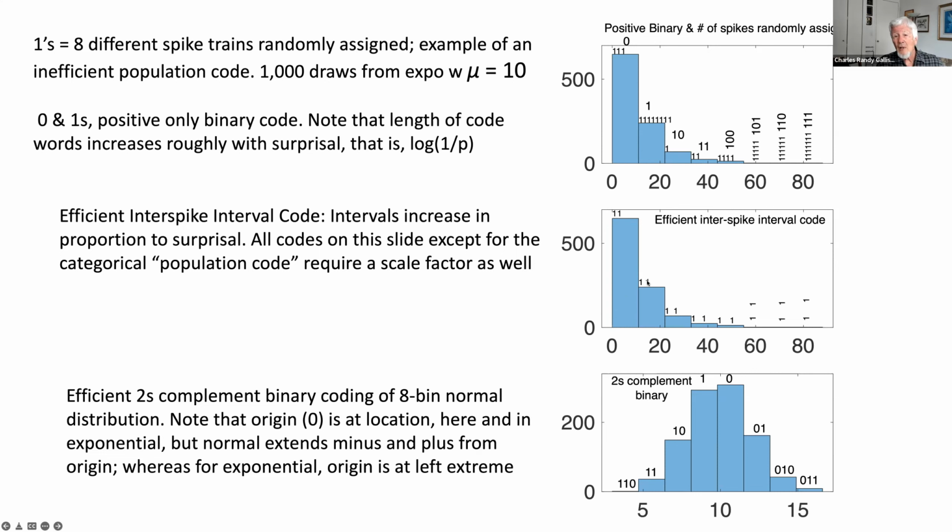And then we use a longer spacing to represent the next, and a still longer, and the spacing here is growing as the log, as the surprisal, right? So the spaces between the ones here are proportional to the surprisal, as Shannon tells us they should be.